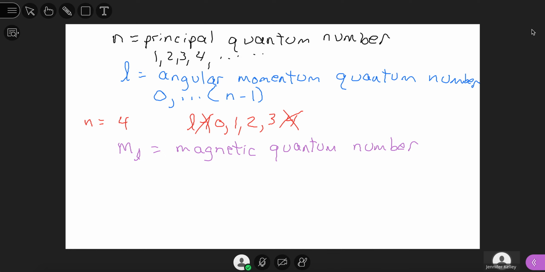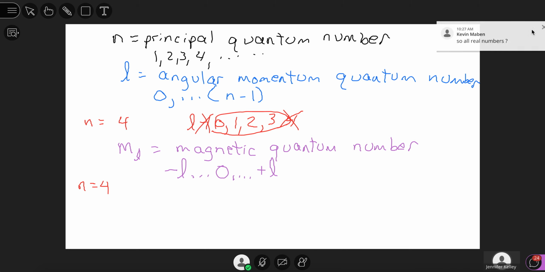All right, so the magnetic quantum number is ML, and this one can be negative. It can go from whatever L is in the negative value to 0 to whatever positive L is. So for instance, if we go back to n equals 4, L can be any of these values, and let's say that L is 2.